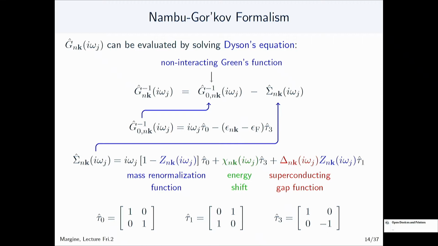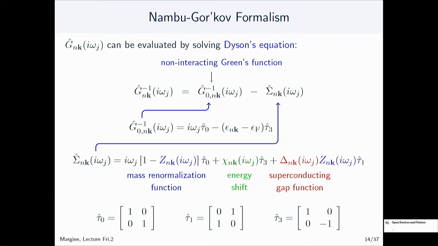The names of these variables have kind of a historical reason, but for example, if we just ignore this term in the beginning, we can see that this term is diagonal, this is also diagonal, and this comes from the normal state. And now this Z, this mass renormalization, it can be shown, if you do a bit of math, that it's related to the mass renormalization that we saw in the normal state.